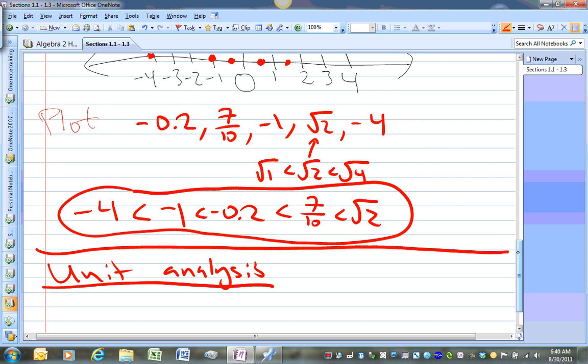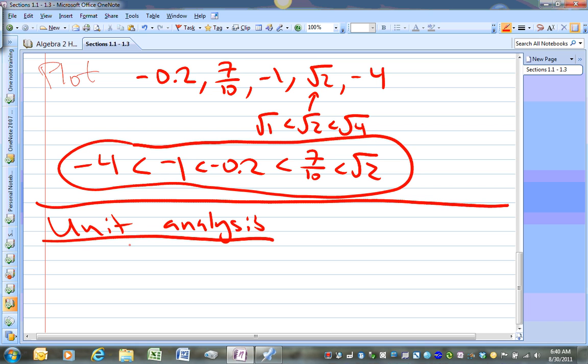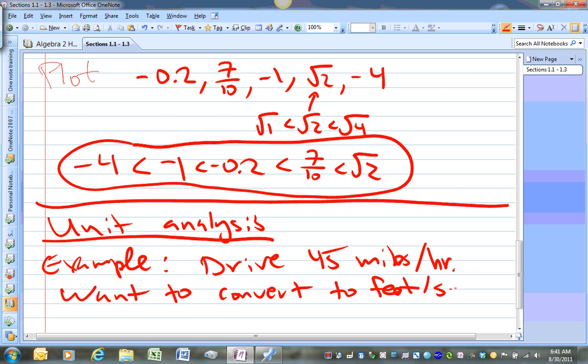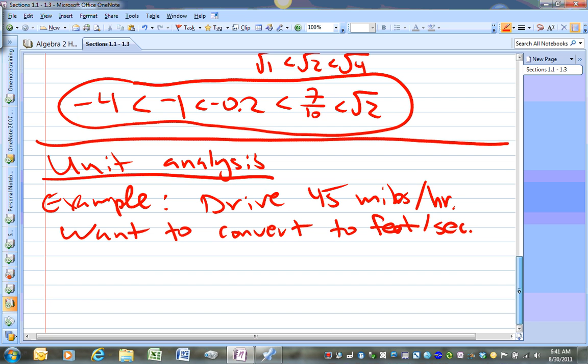And here's how it works. Say, for example, you drive 45 miles per hour, want to convert to feet per second.